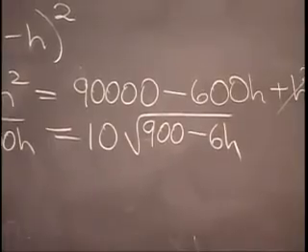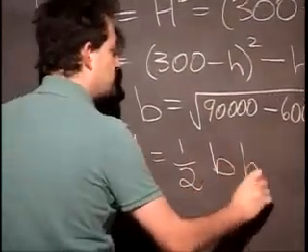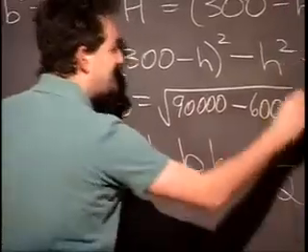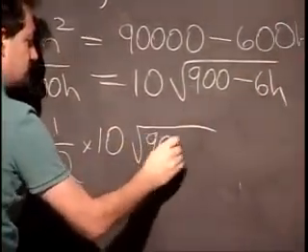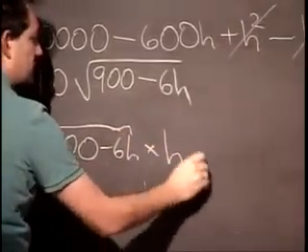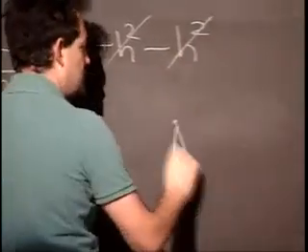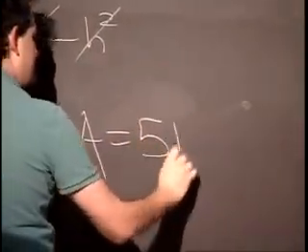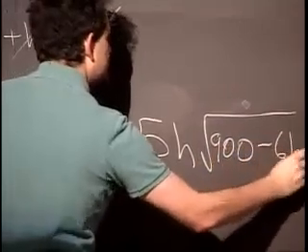Finally, I have that the area is a half bh, which is 1/2 times this quantity times h, which I can simplify down to A is 5h root 900 minus 6h.